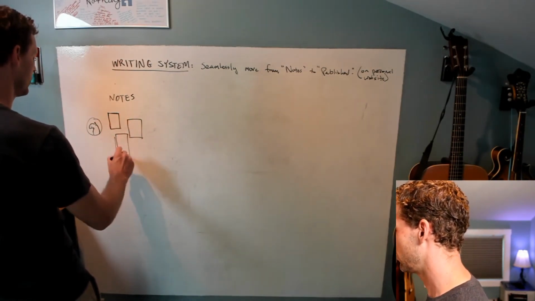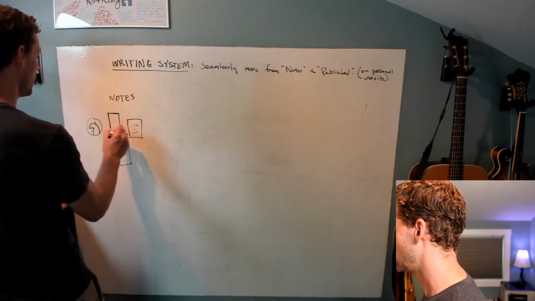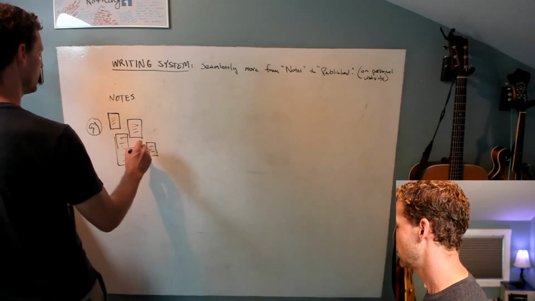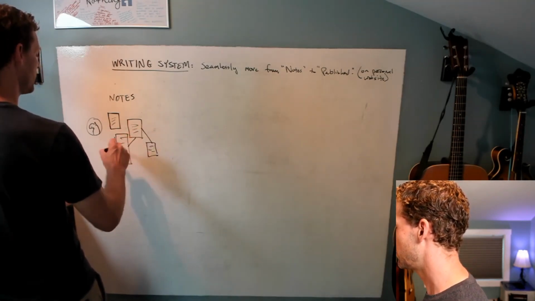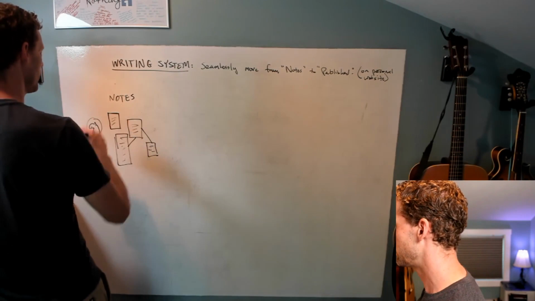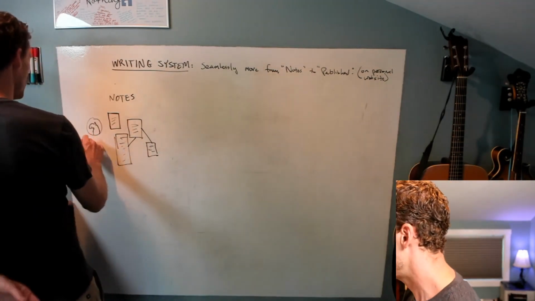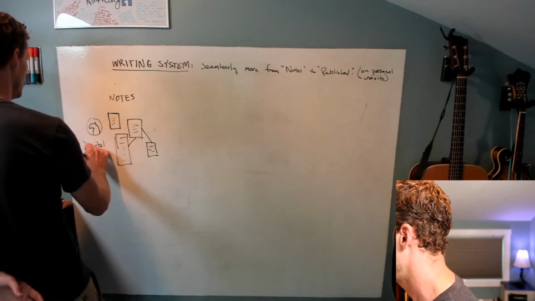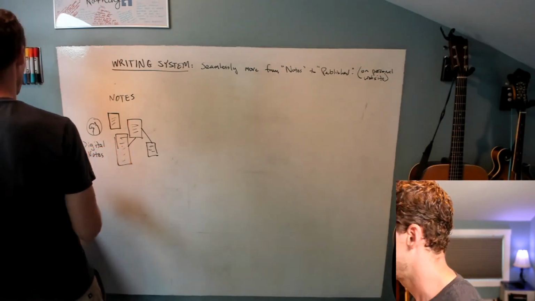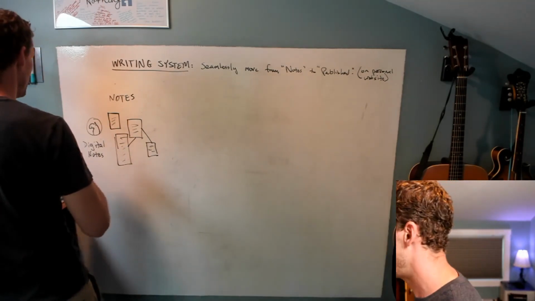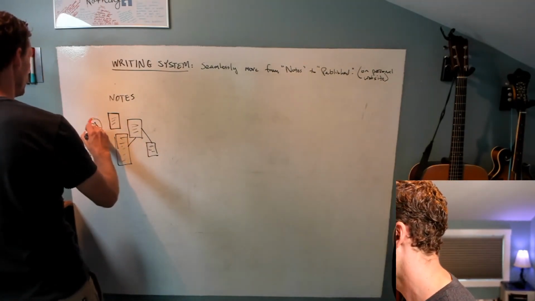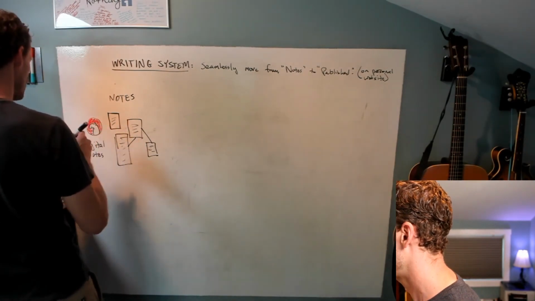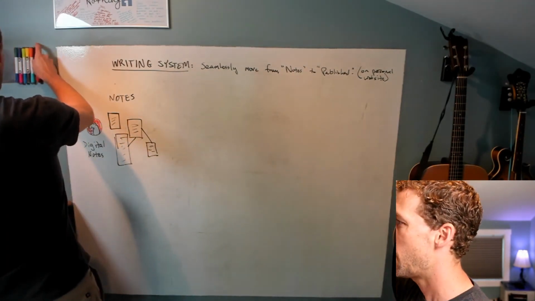Some are very long, some are very short. Some of them link to each other, some of them don't, some are just isolated and sitting out. So these are my digital notes. I guess to make this a little more Bear appy, I could color it in red. Okay, totally egregious graphical effect there.